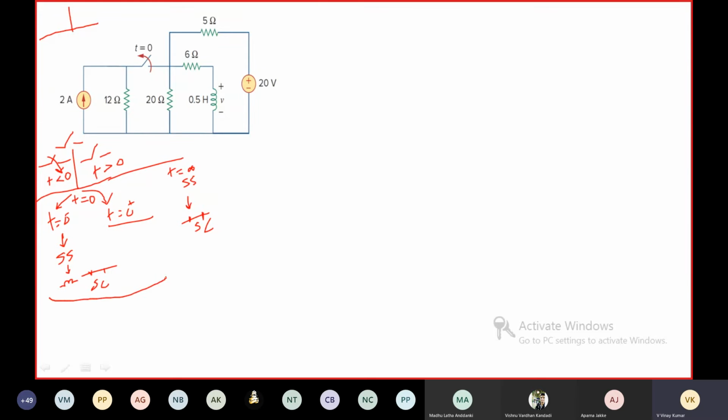At t is equal to 0 minus, what will be the current?